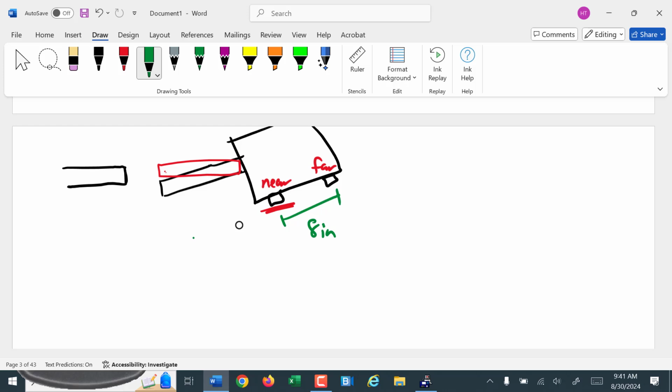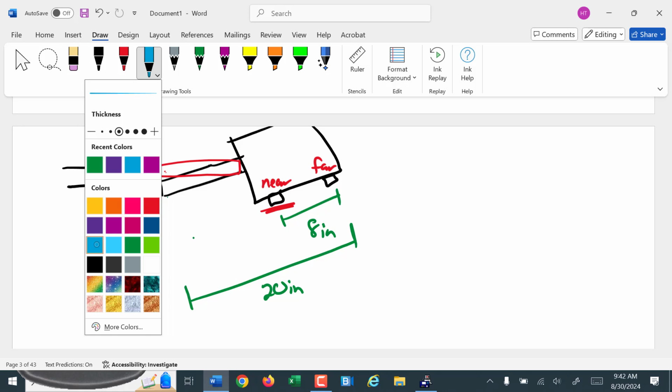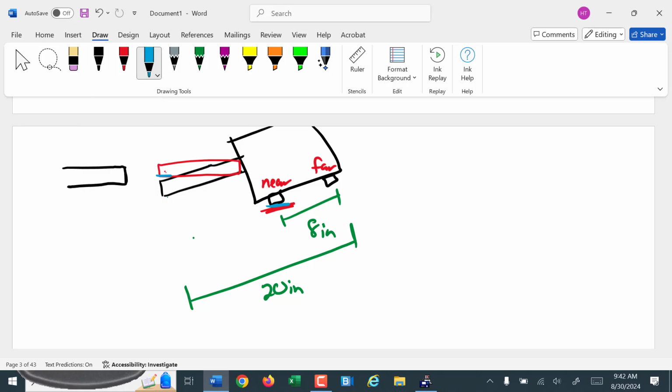Well, there's a lot of distances that can be used as ratios here. One of them is the distance between feet. Let's just say that we have 8 inches there for now. When we're looking at raising that end of the shaft, the other distance we're looking at is from the end of the shaft back to that far foot. Let's say that's 20 inches in this situation.